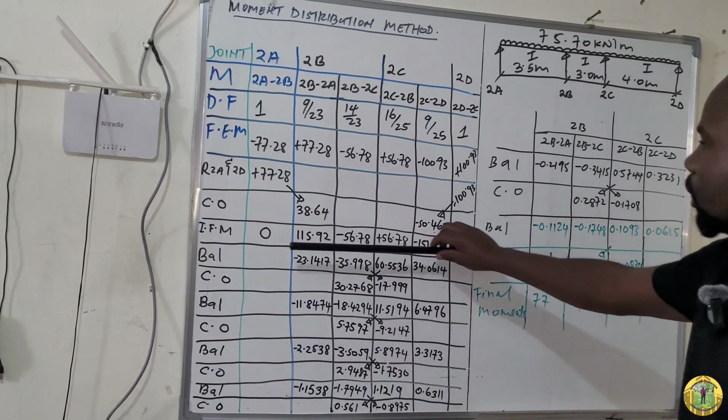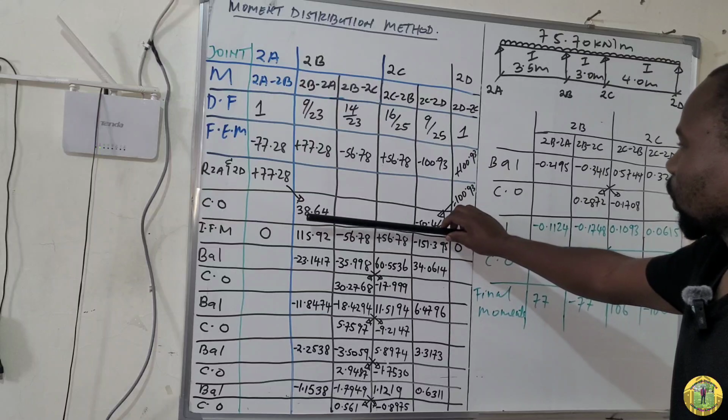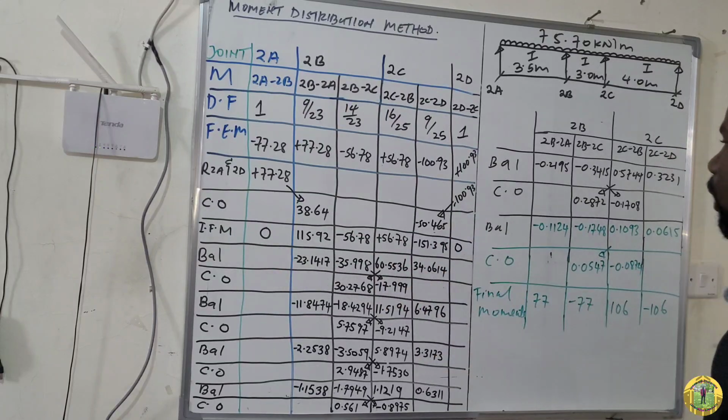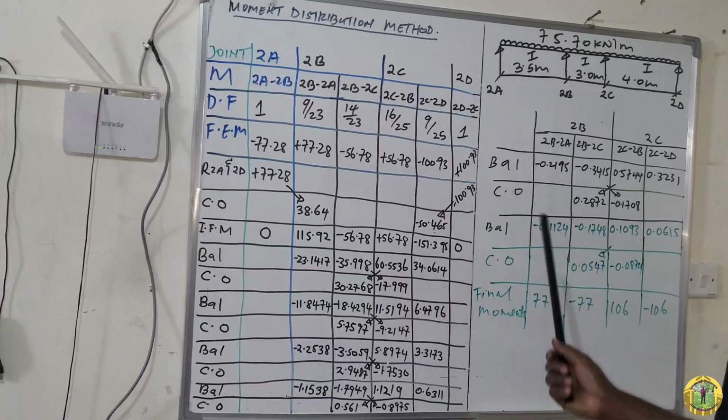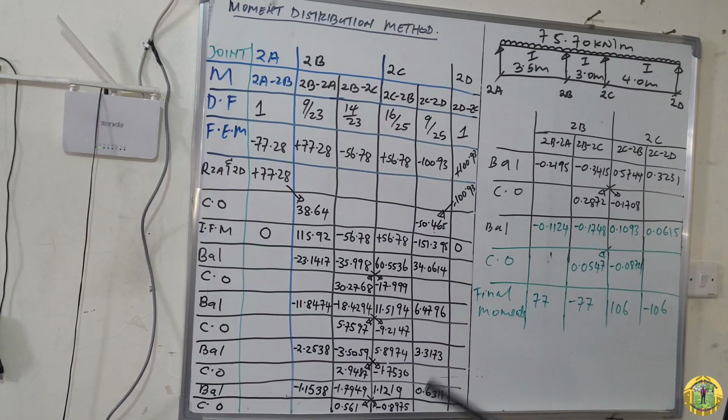So we now want to start again from the initial final moment as we proceed to the final value. Now from the initial final moment, we start balancing and carrying over.